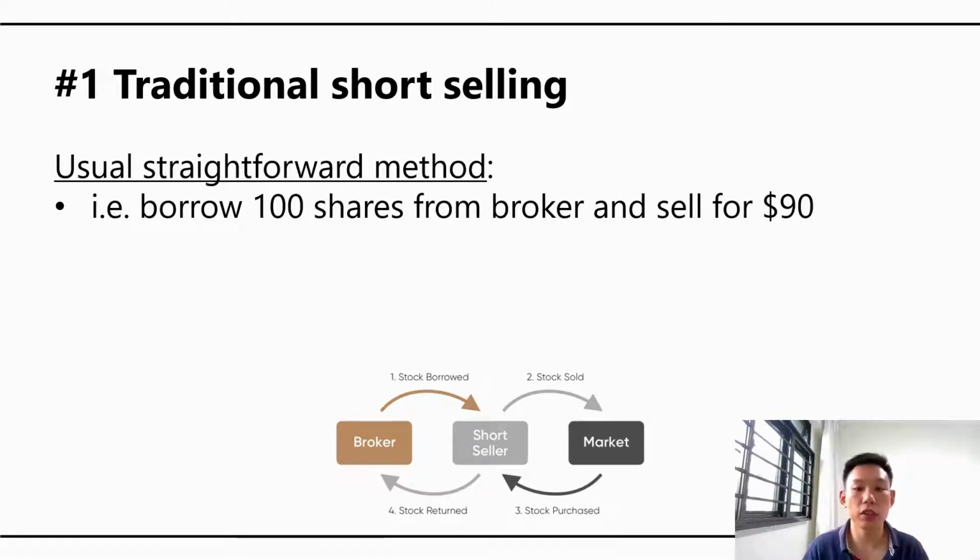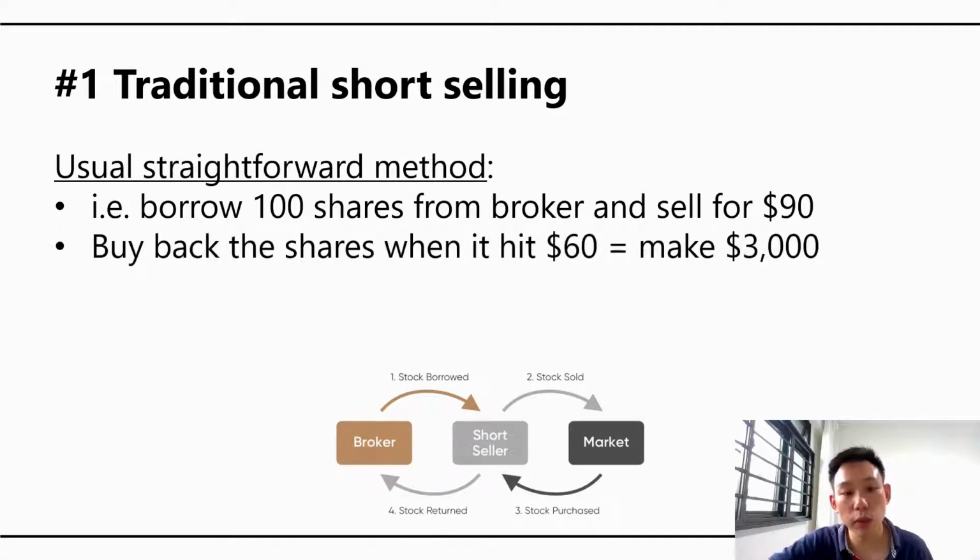And if your prediction is right, you can then buy back the shares when it hits 60 US dollars. So net, you return the 100 shares back to your broker and you make a profit of 90 minus 60 times 100 shares, which equals $3,000.